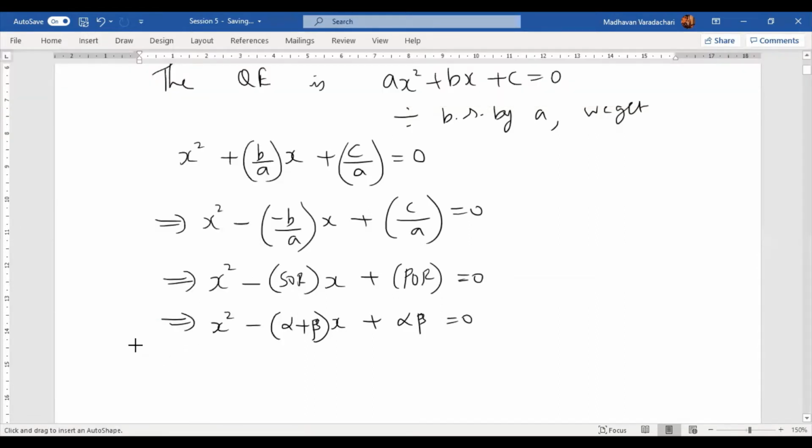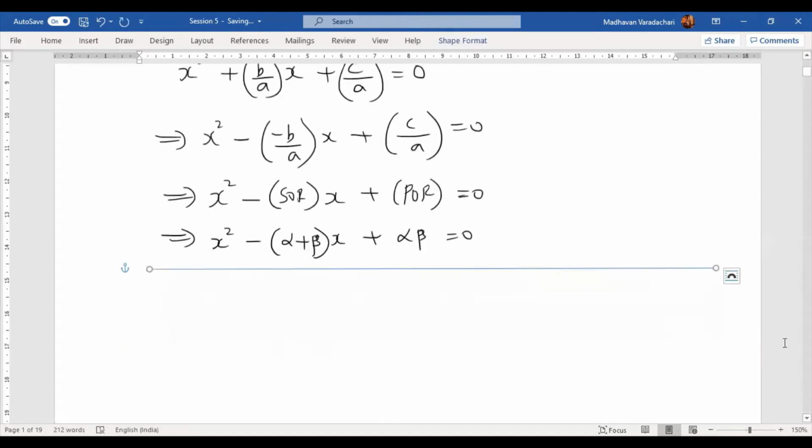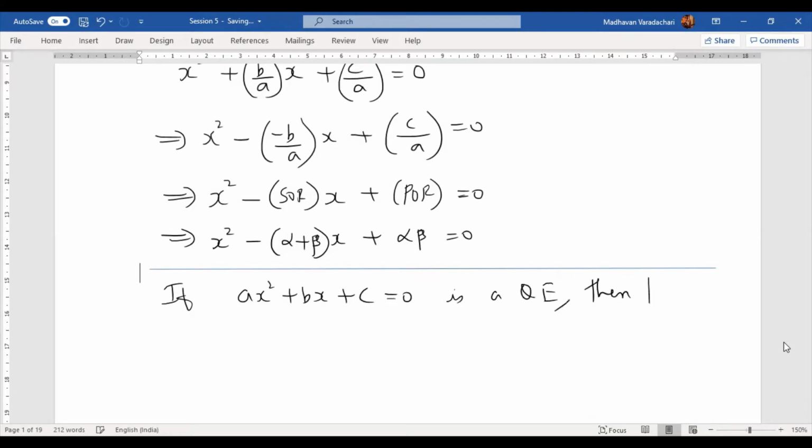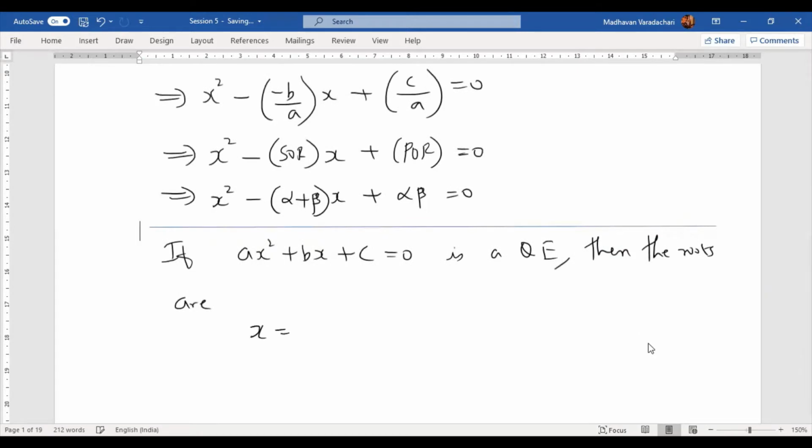Now let us understand further about the formula we use to solve a quadratic equation. We know if ax square plus bx plus c equal to 0 is a quadratic equation, then the roots, that we had already seen, are x equal to minus b plus or minus square root of b square minus 4ac, by 2a.